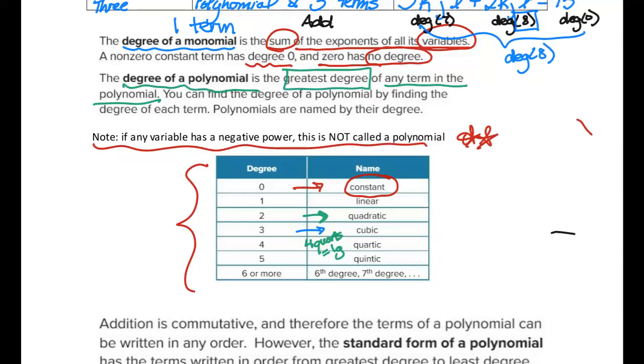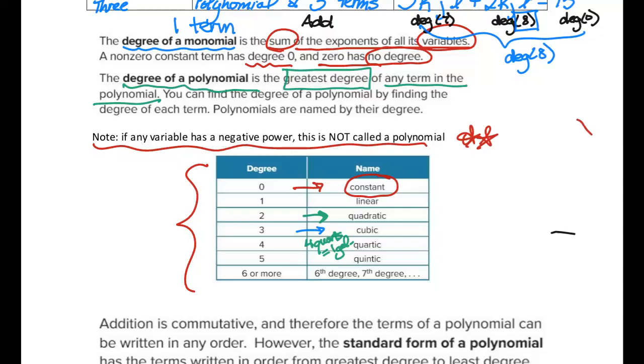So if you know there are 4 quarts in a gallon, we say that is quartic. 5 is quintic.